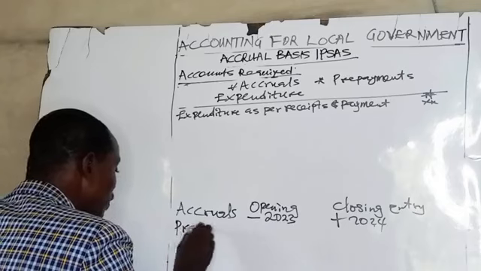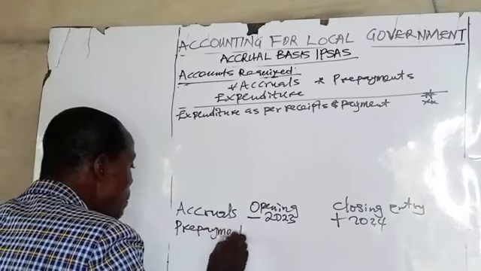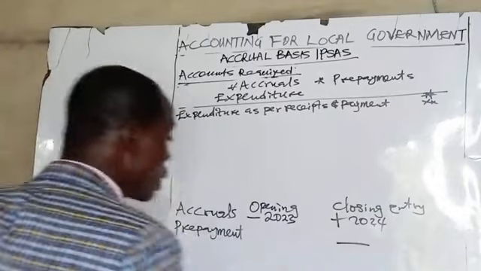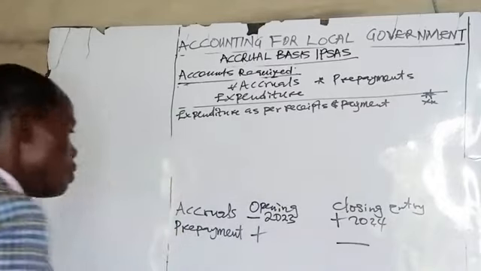Prepayment is the opposite of it. Another word for prepayment is payment in advance. It is the closing that will be subtracted while the opening will be added.